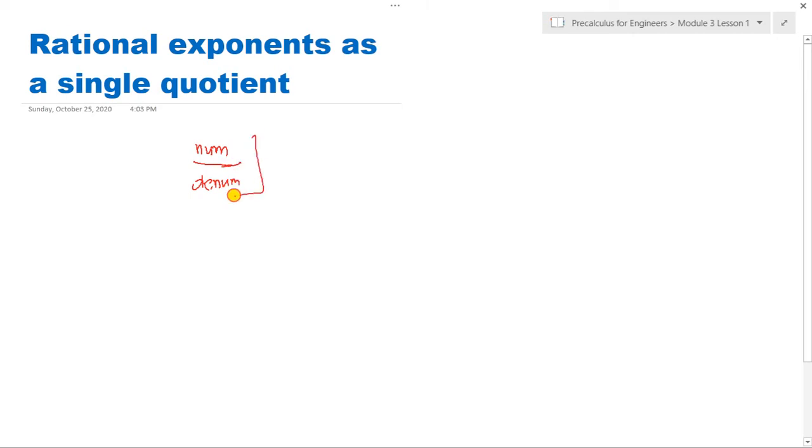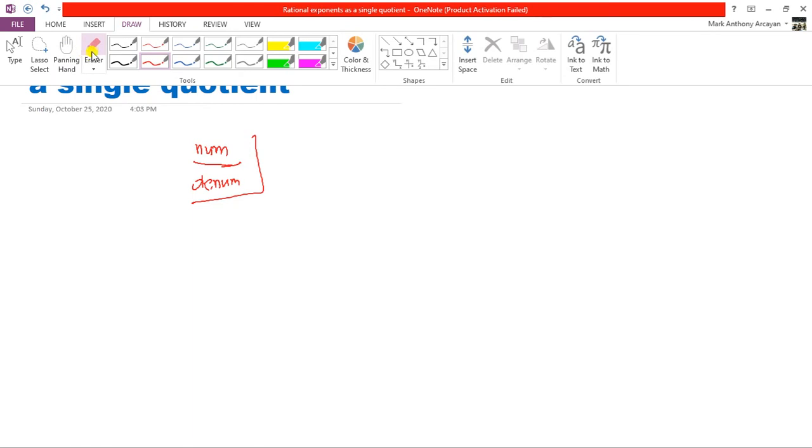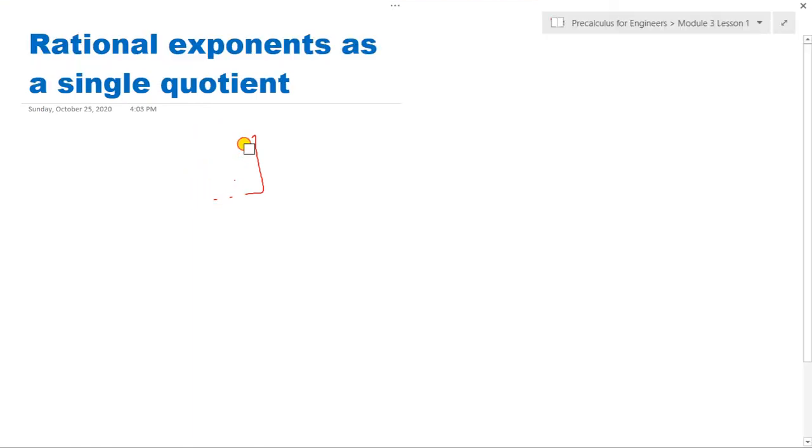So this is our target. So how are we going to do that if we are given complex algebraic expressions containing rational exponents.